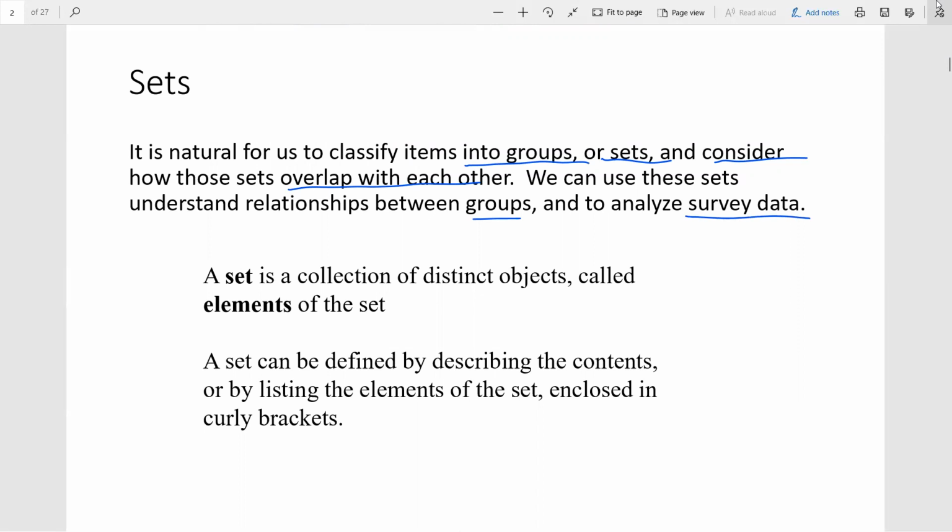A set is a collection of distinct objects called elements of the set. A set can be defined by describing the contents or by listing the elements of the set enclosed in curly brackets, like that.